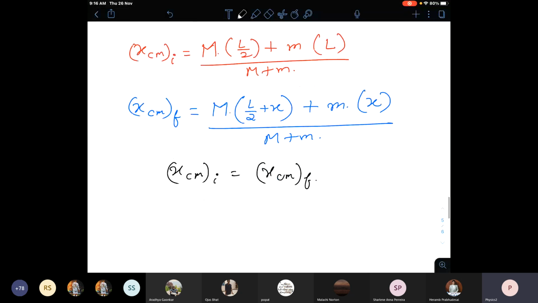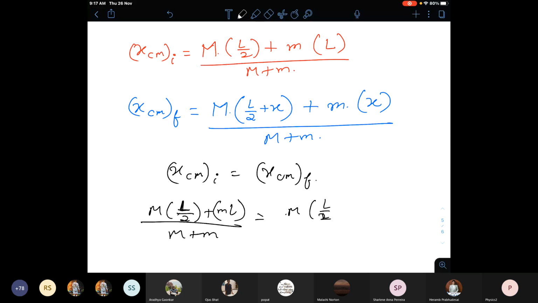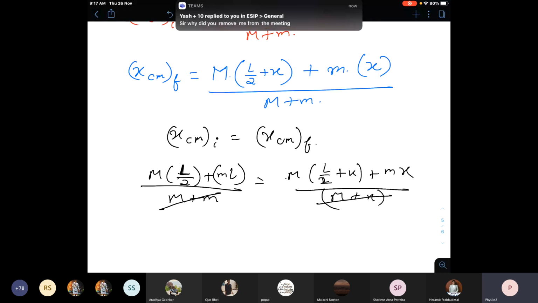So if you equate it, this is initial and this is final. So this denominator gets cancelled.